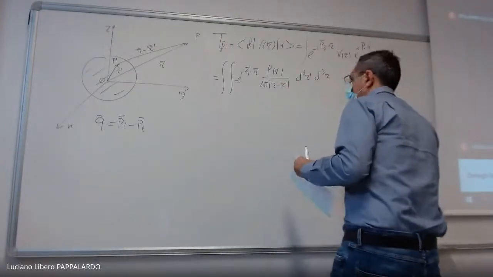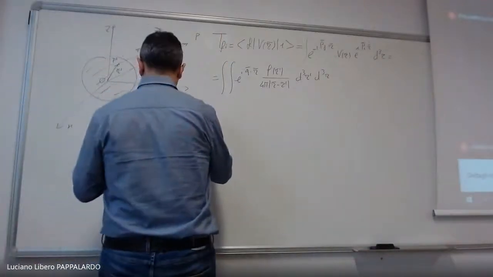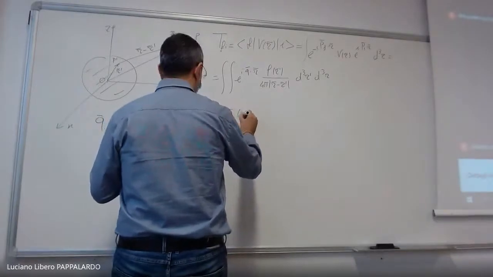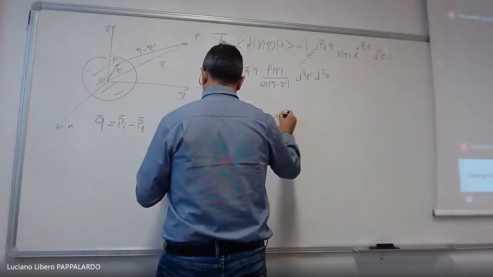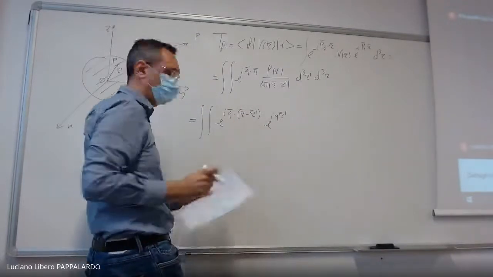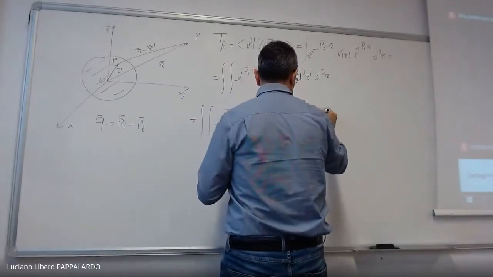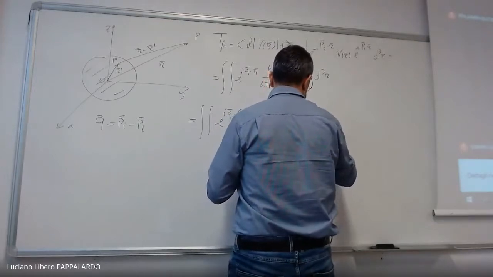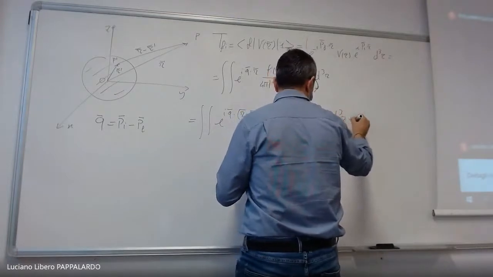Now we make a trick. We multiply and divide by the same quantity. So here we can write a double integral of e to the i q scalar (r minus r') times e to the i q scalar r'. So we are multiplying and dividing by this. Now we can write our charge distribution as q times f(r'), and 1 over 4 pi times the modulus of r minus r', and then we have to integrate over all of these.